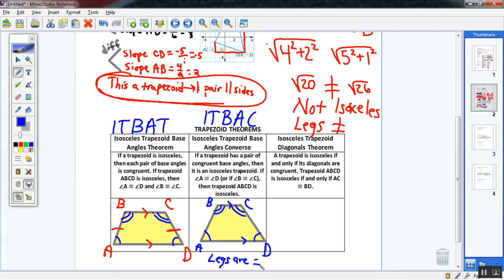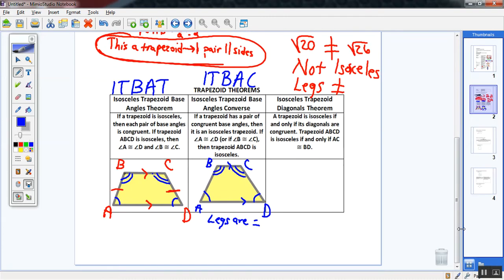So in this case, which two sides would be equal then by that? You have a trapezoid with two pairs of base angles congruent. So which lengths will be equal? BA has to equal what? This would imply that BA is congruent to CD right there. Okay?